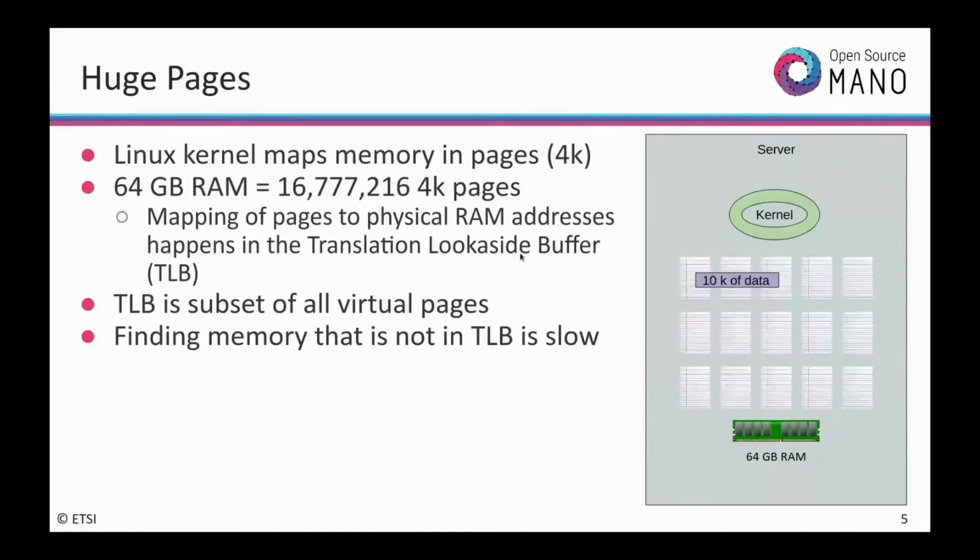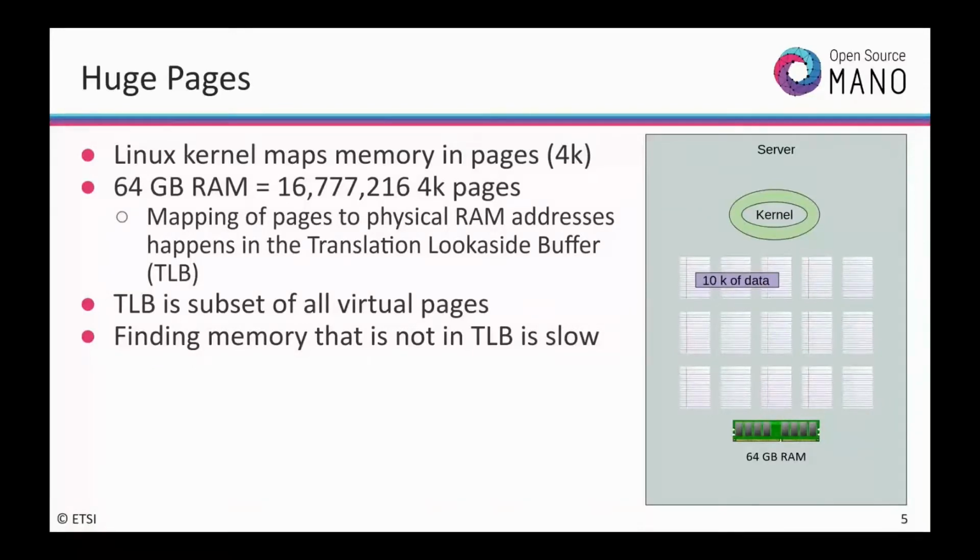So the next performance topic is what are called huge pages. And this now has to do with the Linux kernel and not so much the physical hardware of your machine. A Linux kernel maps memory into pages. These pages by default are 4K in size.